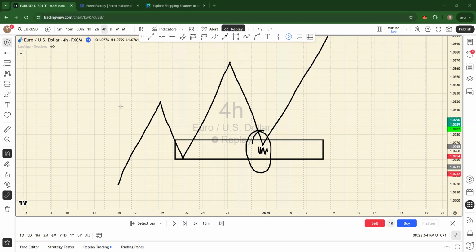Now, sometimes price will expand to the upside like that and a fair value gap will be formed somewhere around here, maybe something like this. Remember I said from the high of this candle to the low of this one, you extend it to the right.